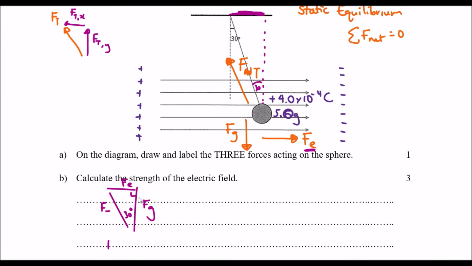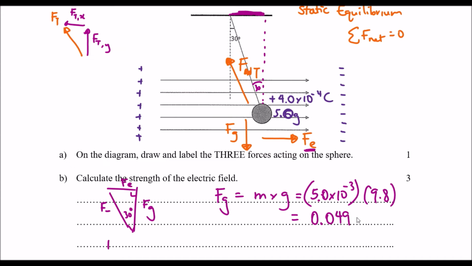FG is M times G, in this case 0.5 times 10 to the power of negative 3, multiplied by 9.8. We're just calculating the strength, so we're not looking for direction. The force is 0.049 newtons.